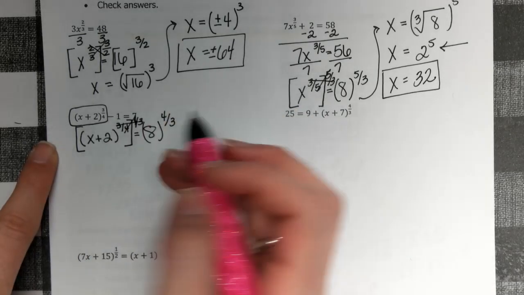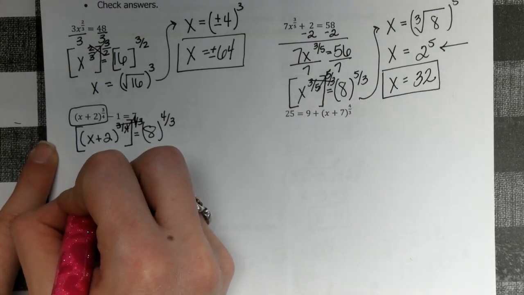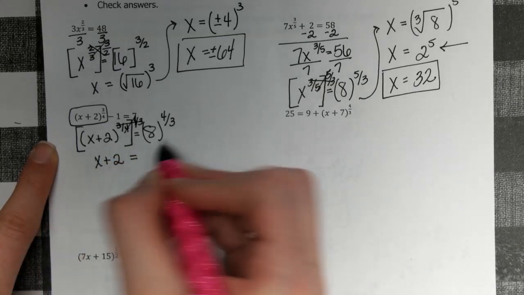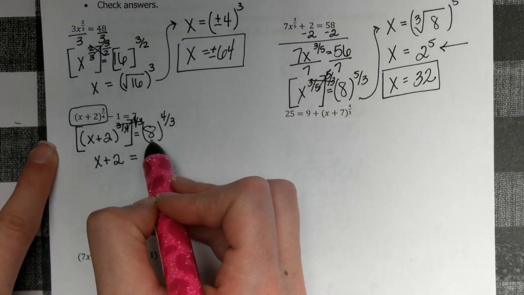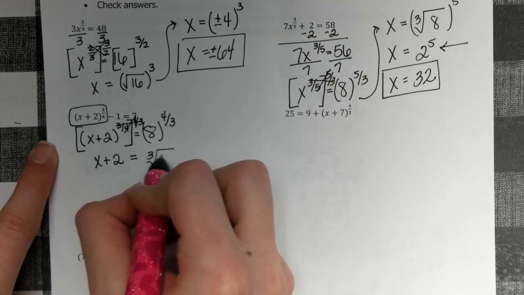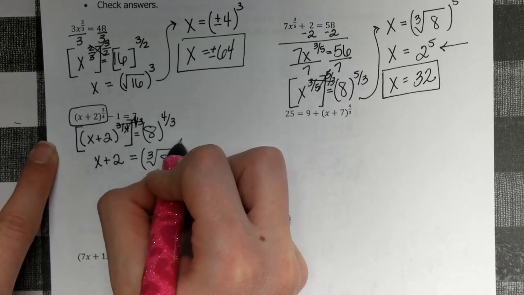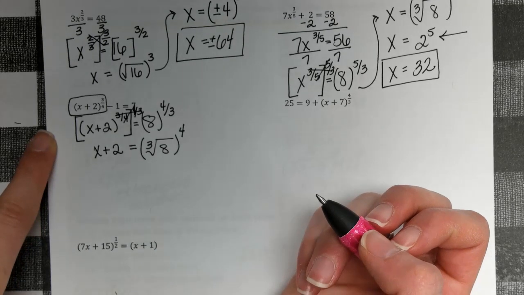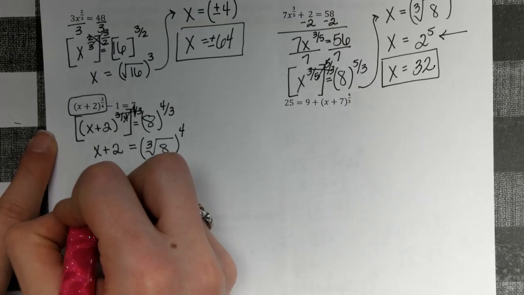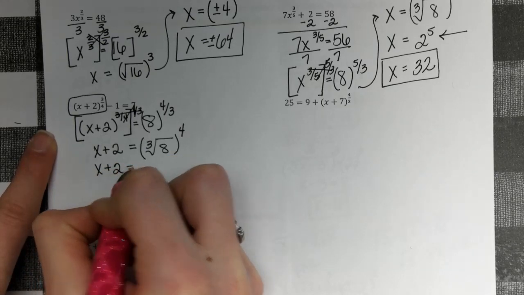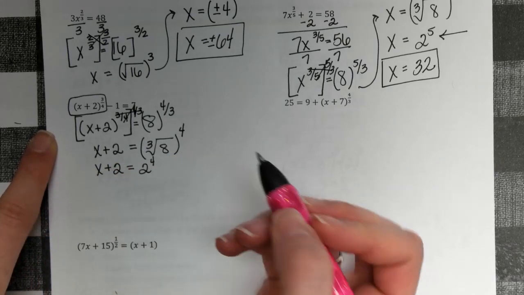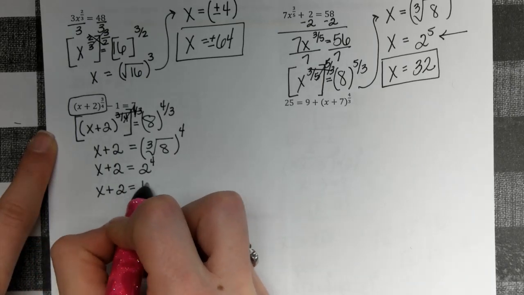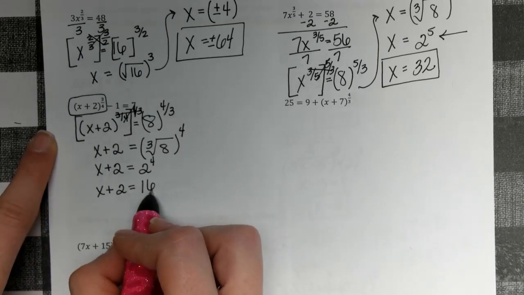So the exponent goes away, leaving me with what? X plus 2, not just x anymore, x plus 2. Now I'm going to rewrite this, cube root of 8 to the 4th power. So x plus 2 equals, cube root of 8 is 2. So 2 to the 4th power is 16.